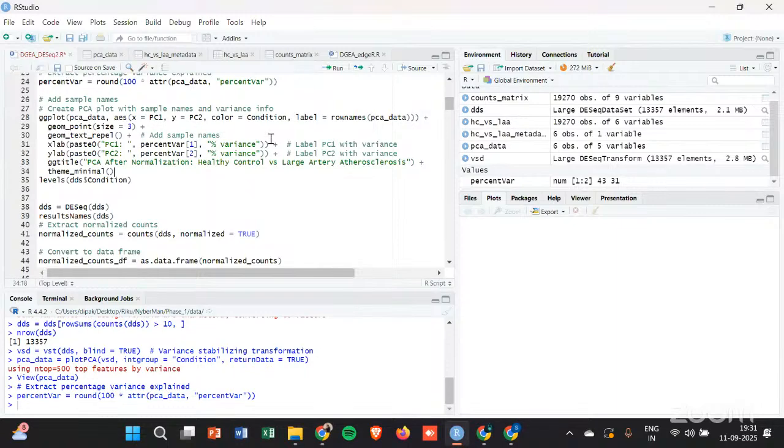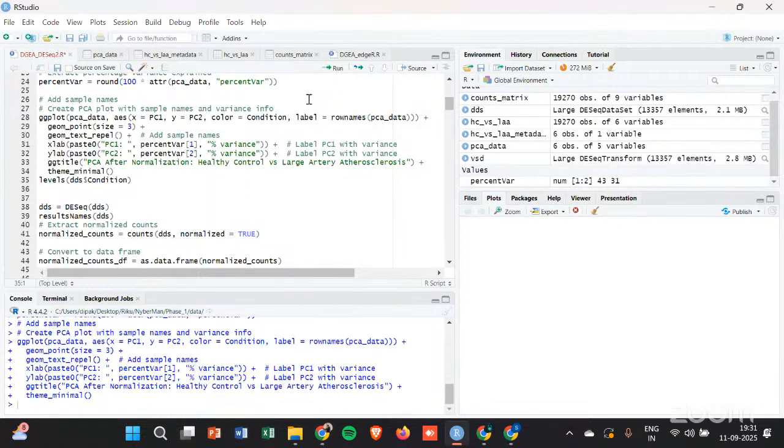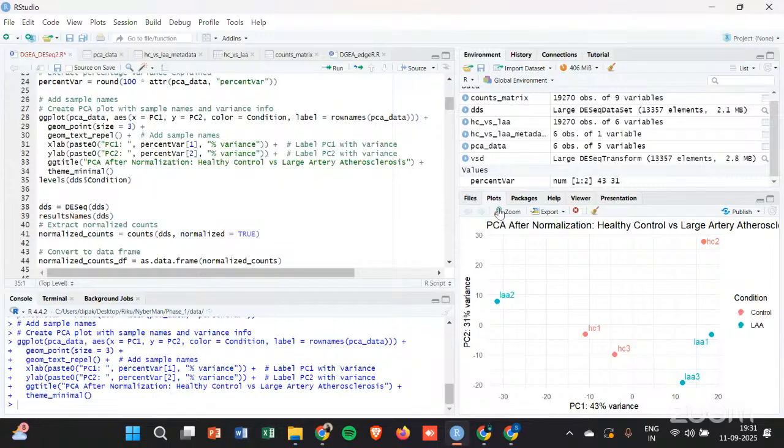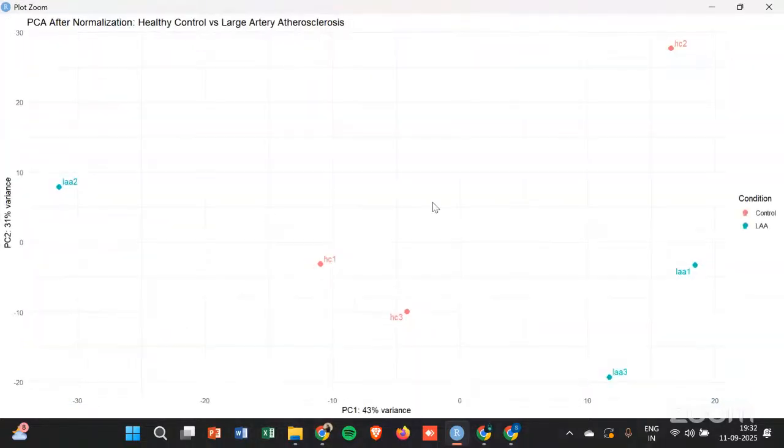So yeah, now if I run this, I should ideally see my PCA plot. So here I can see my PCA plot. As I said, the variance is printed here on the x and y axis as well. So 43% variance means that along this axis, if I were to separate the samples along my x-axis, that would be 43% fruitful.